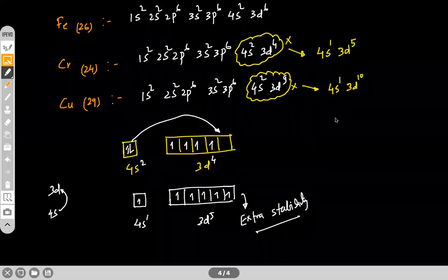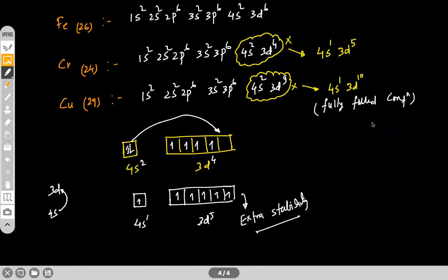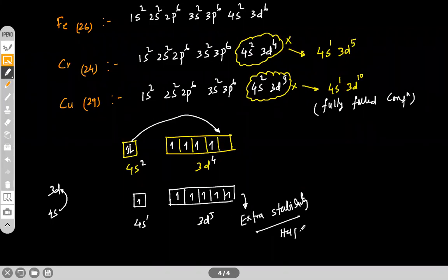And this one is a half filled configuration. Hence the fully filled and half filled configurations have extra stability and are more stable.